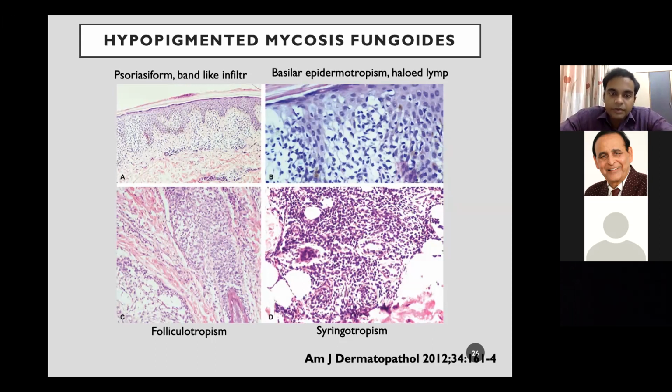You have haloed lymphocytes in the epidermis which are bigger than the dermal lymphocytes, grouping of lymphocytes which is called Pautrier microabscess, lack of spongiosis or minimal spongiosis. So those are early features. And then you have other tropisms like folliculotropism around follicles, syringotropism around the eccrine gland. So those features can point you in the direction of mycosis.